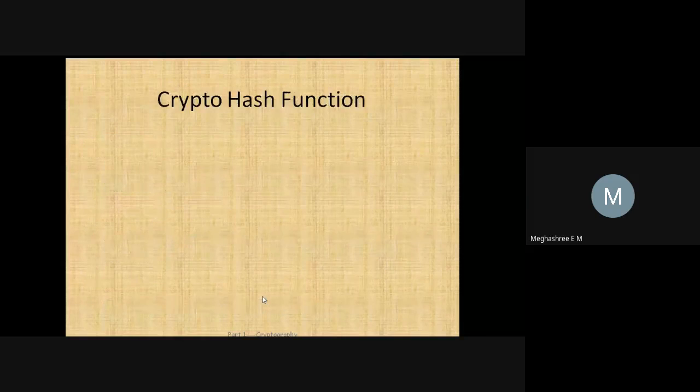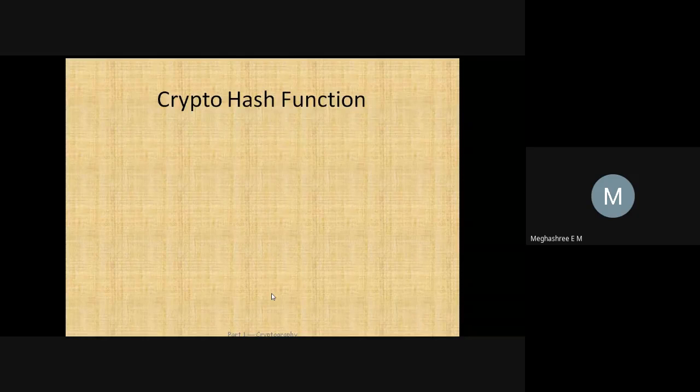Next, any function, you can't say it is a hash function. If I say f of x is a function, you can't say it is a hash function, because that particular function should have the required characteristics. Those characteristics are compression, efficiency, one way, weak collision resistance, and strong collision resistance.